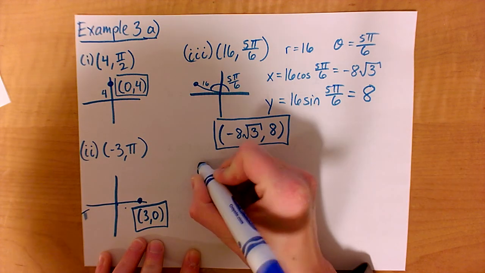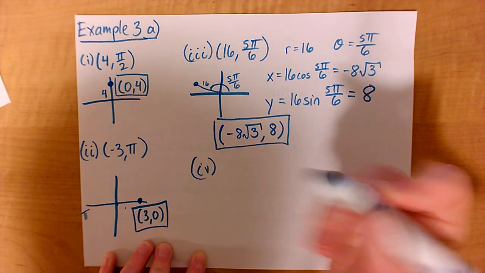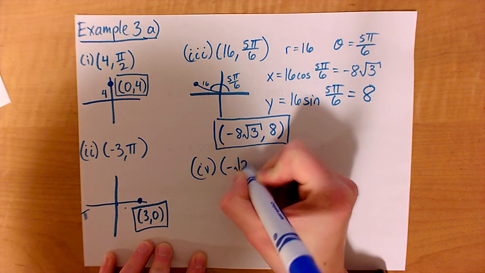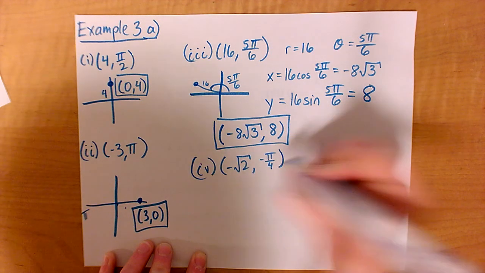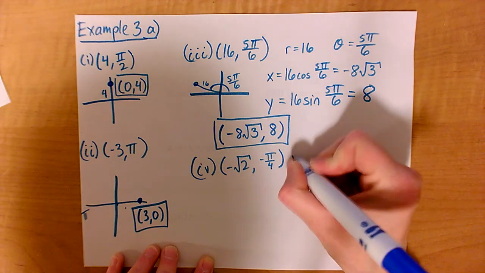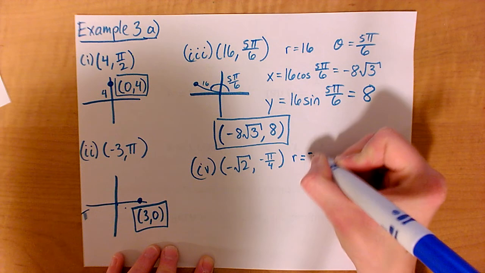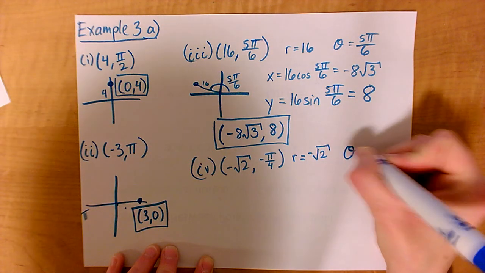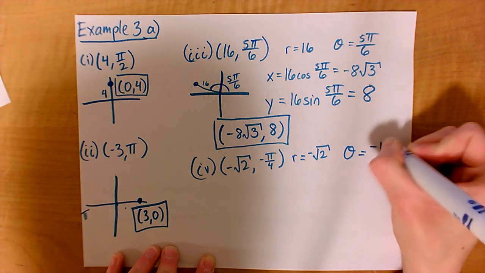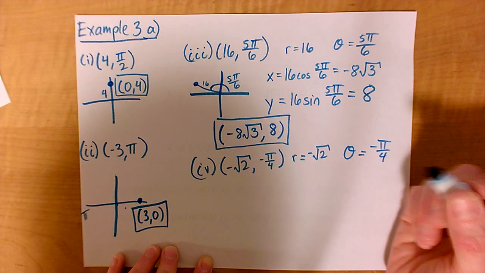Alright, and then we can go on to Roman numeral 4, which is going to be negative root 2, and then negative pi over 4. For this one, our radius is going to be negative root 2, and we know that theta is negative pi over 4.